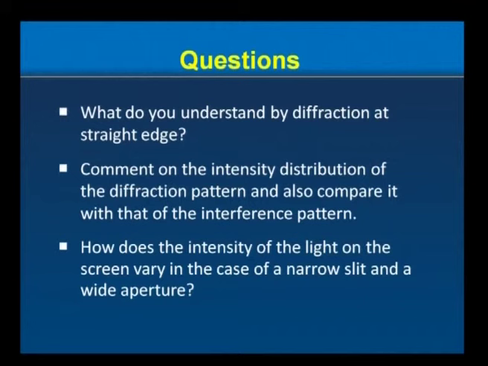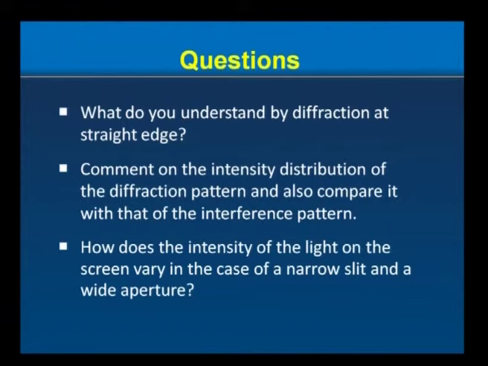We will now pass on to a few questions related to the lecture delivered today. What do you understand by diffraction at a straight edge? Comment on the intensity distribution of the diffraction pattern and also compare it with that of the interference pattern.